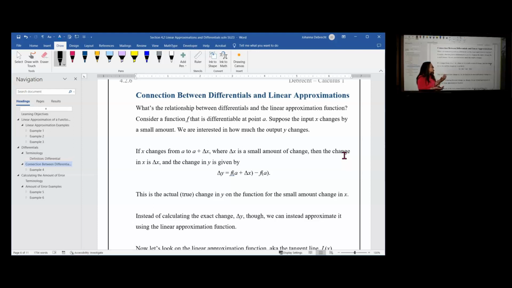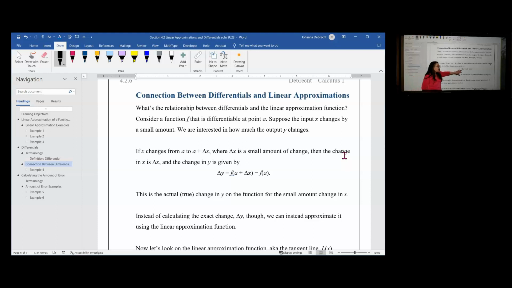On the actual function, if we change our x value from a to a plus delta x, where delta x is a small amount, something like 0.01, then the change in y is given by delta y equal to the function value at a plus delta x minus the function value at a. In other words, to find the change in y, subtract the 2 y values. Notice that on the actual function, we're using delta x and delta y, not the differentials dx and dy.